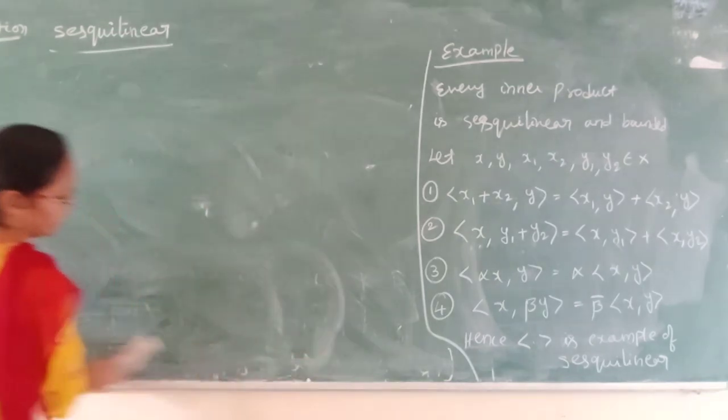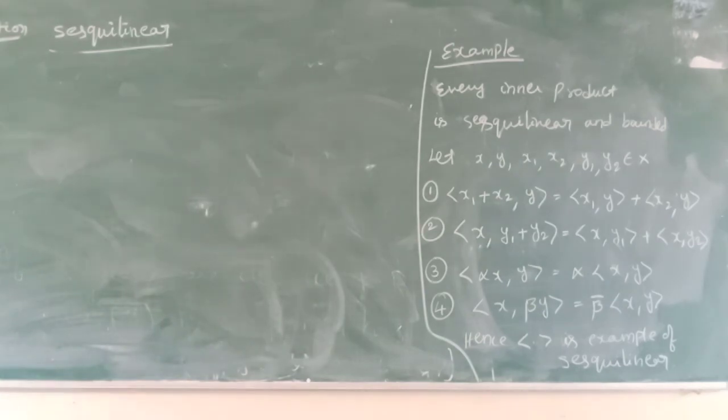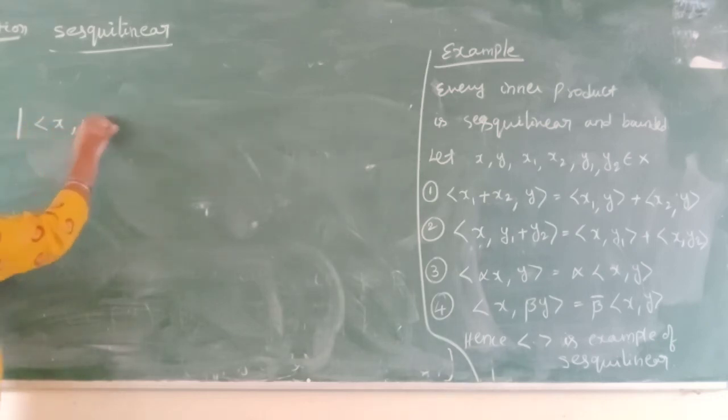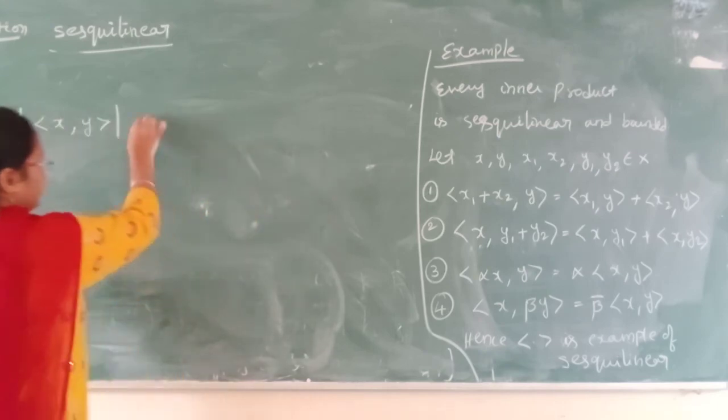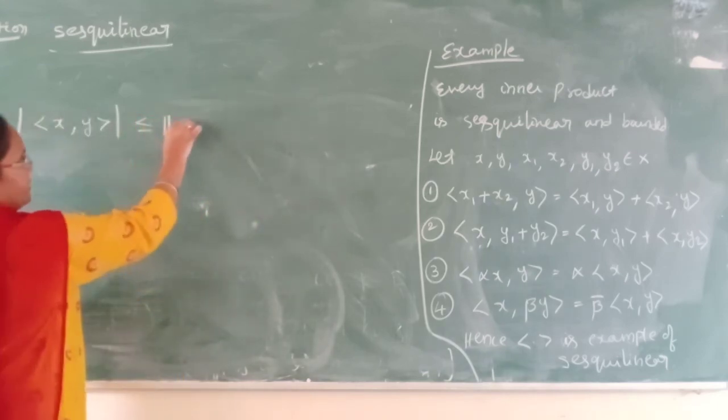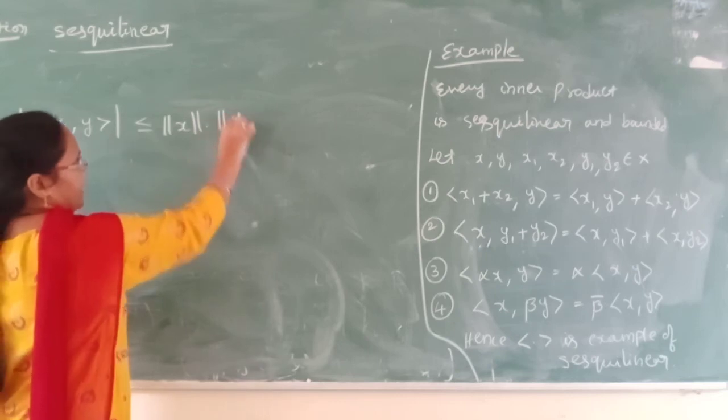Okay, right. See the next line. Otherwise also, modulus of the function. Here the function is the inner product. So the modulus of the inner product of two variables is, by the Schwarz inequality, less than or equal to norm x into norm y.